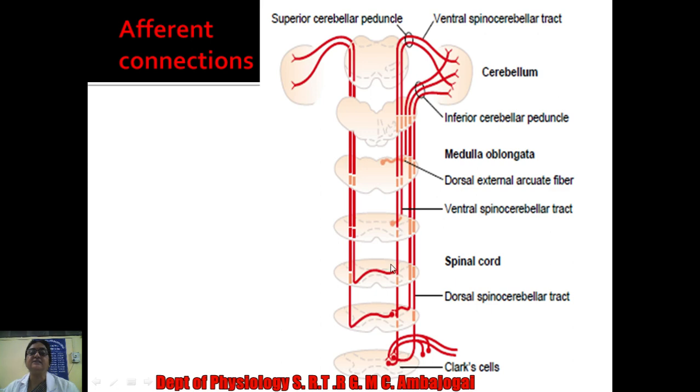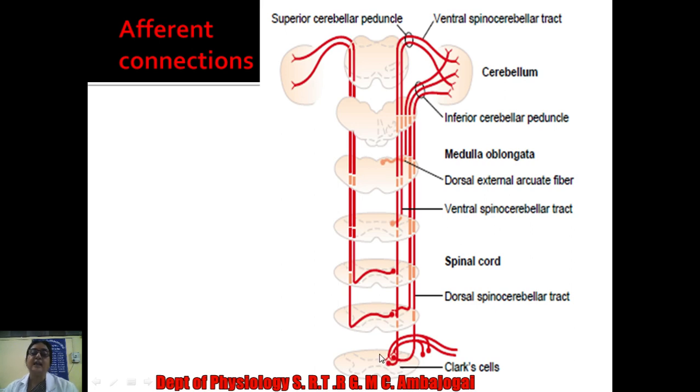Now in this anterior motor horn cell region, we get information from the higher centers, the cerebral cortex and brainstem, as well as intrinsic information from the spinal cord.